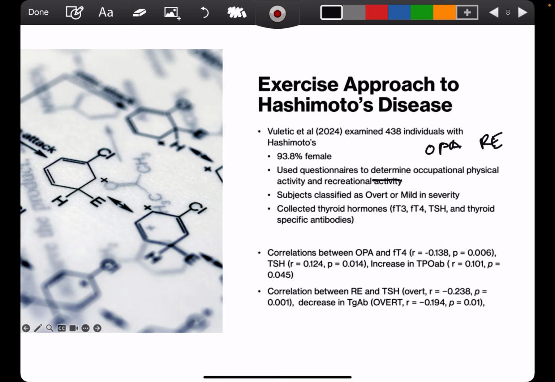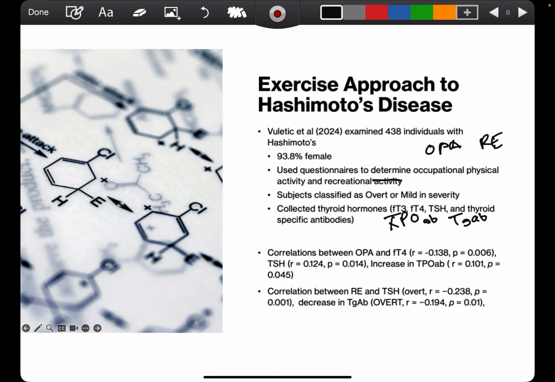They classified the subjects as having either overt or mild severity Hashimoto's disease. Then they collected the typical thyroid hormones, T3, T4, and TSH, and thyroid-specific antibodies: TGAB, which is thyroglobulin antibodies, and TPOAB, thyroid peroxidase antibodies.